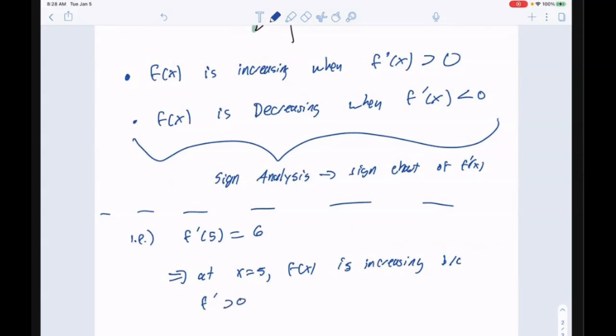Now in these topics, you might get a multiple choice question that asks specifically at a point. We don't get those questions very often. Most of the time it's going to be asking about finding intervals.